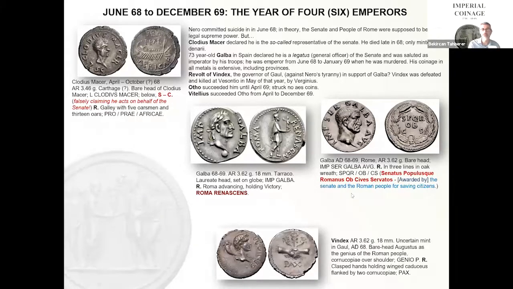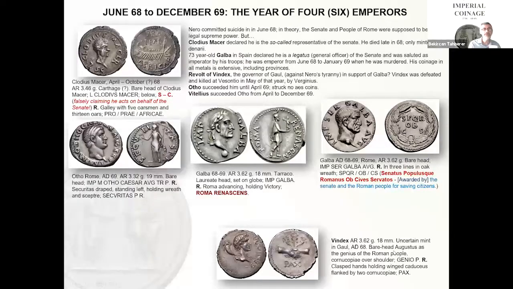Here is a coin of Vindex. And he didn't issue any coins in base metals. He didn't have time. He didn't last very long.